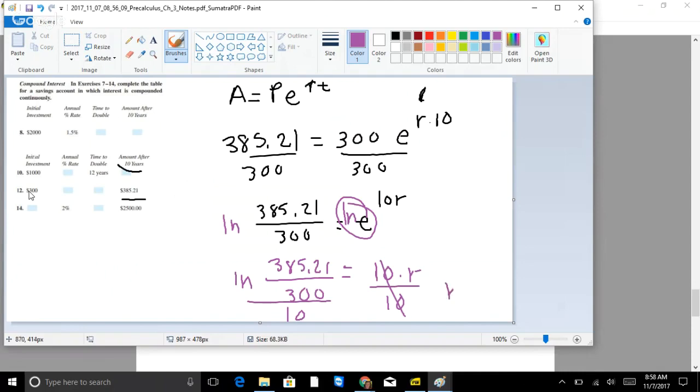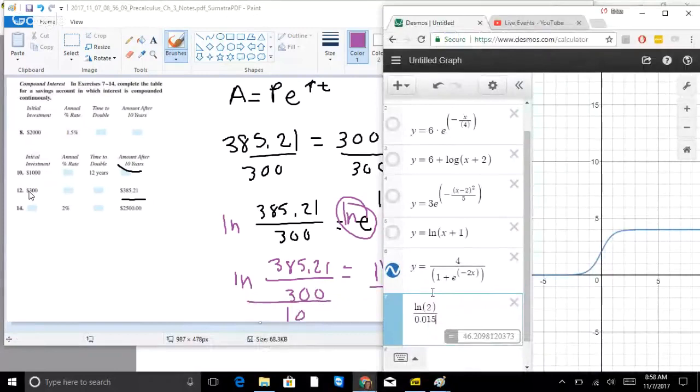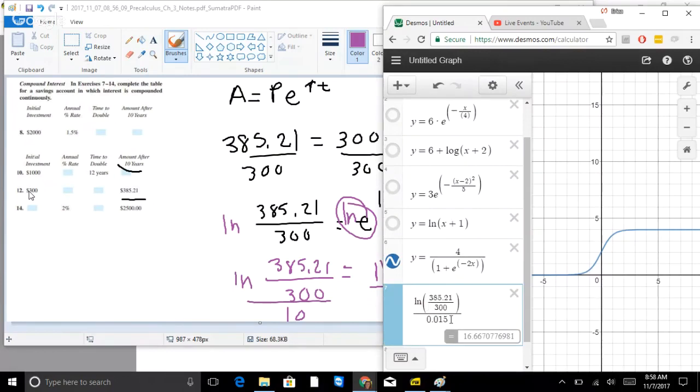If I do all this calculation in Desmos, the natural log of 385.21 divided by 300, all over 10 years, I find out that my rate is 0.025.